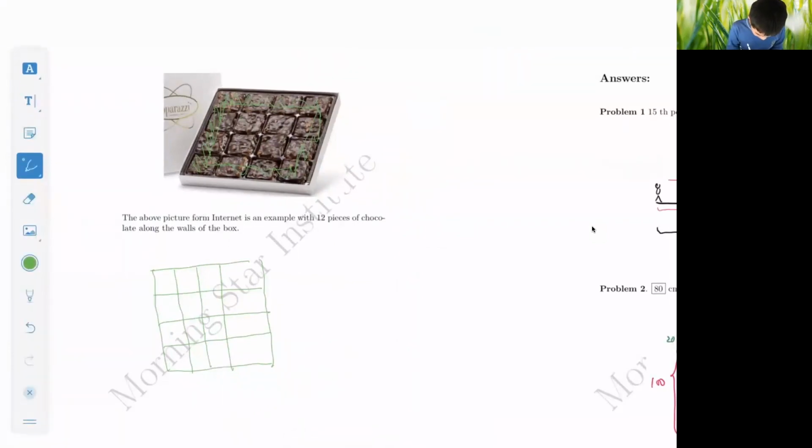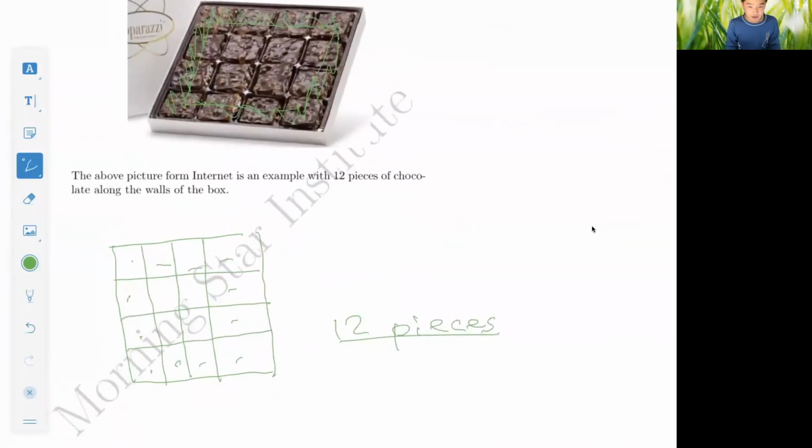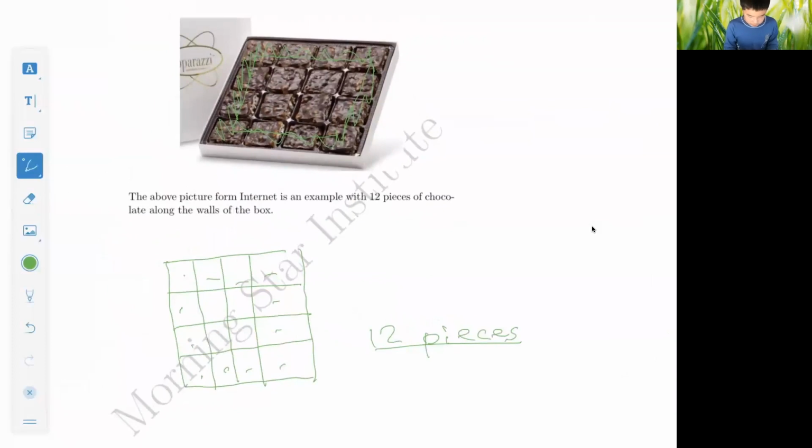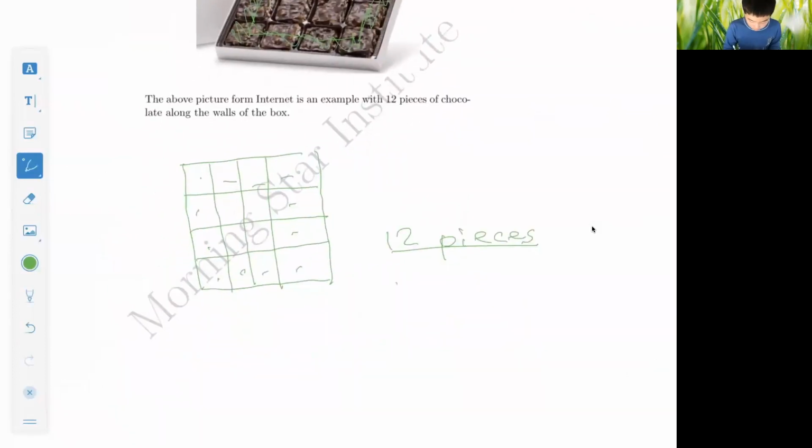So he will eat 1, 2, 3, 4, 5, 6, 7, 8, 9, 10, 11, 12. 12 pieces of chocolate. Now, in the question, it says that Nick eats 16 pieces of chocolate, and obviously a 4 by 4 square does not work.